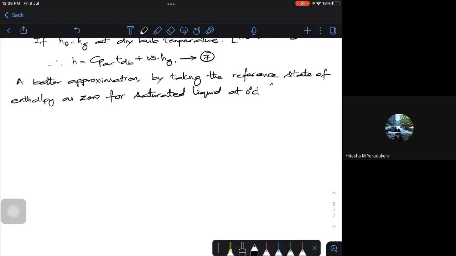That means I'm going to take my dew point temperature equal to 0.